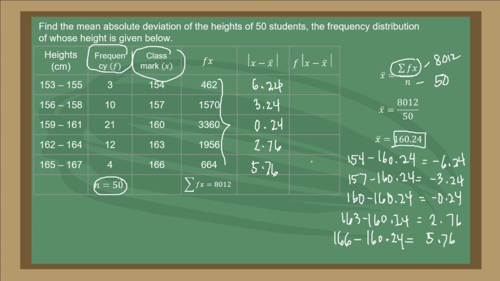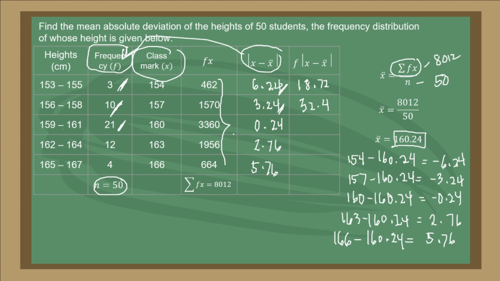Now, for the last column, we are going to multiply the absolute deviation by the frequency. So, 3 times 6.24. The answer is 18.72. 10 times 3.24. The answer is 32.4.